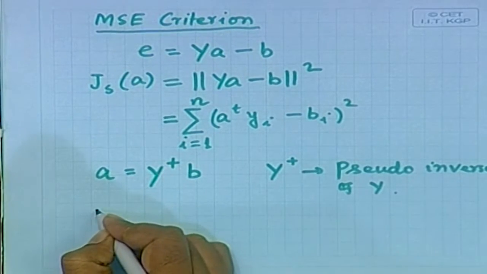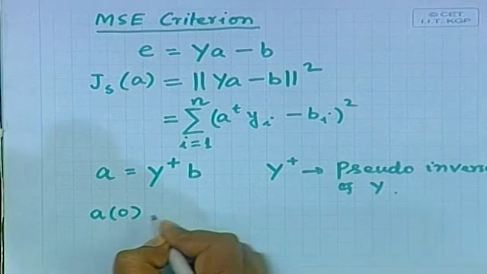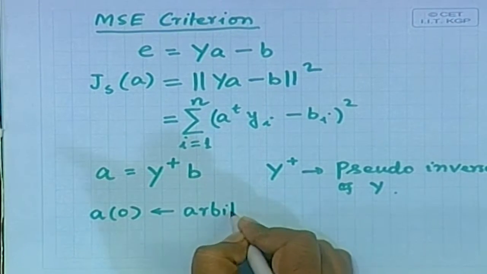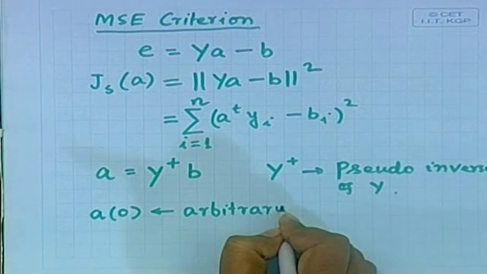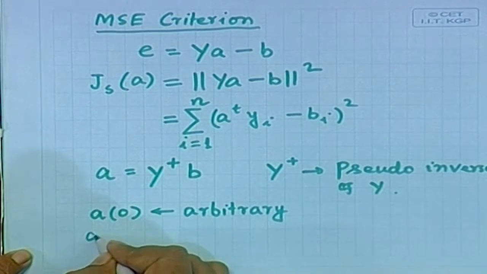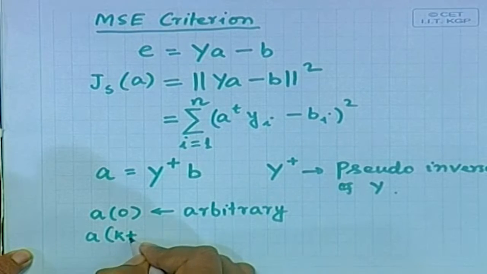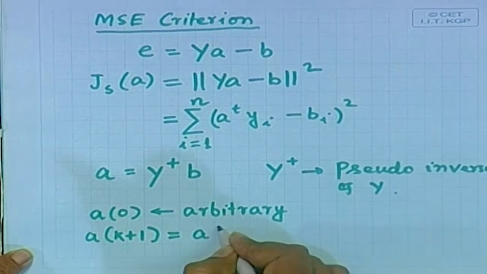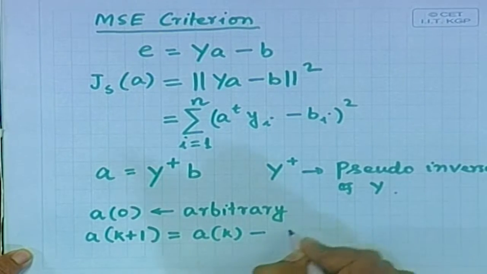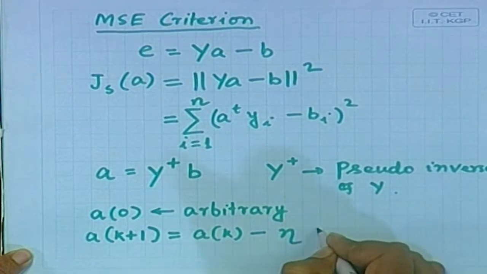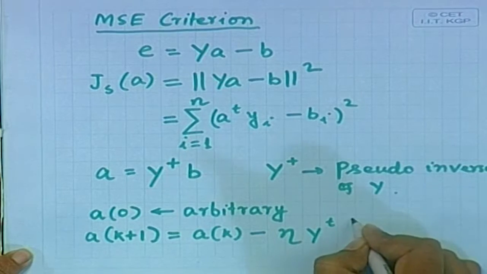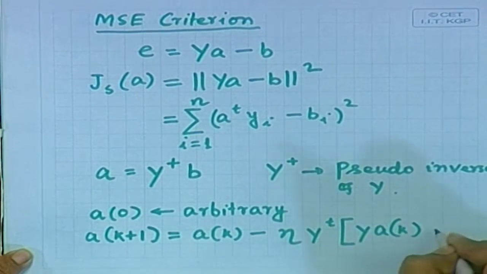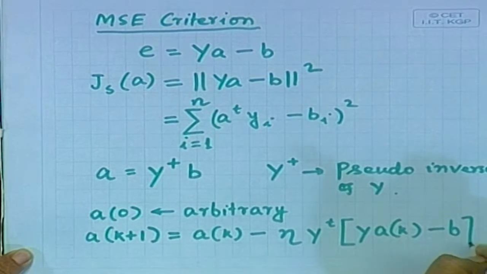Here again our initial weight vector a0 will be chosen arbitrarily, and in every iteration step a will be modified as a(k+1) is equal to a(k) minus eta times Y transpose (Y a(k) minus b).